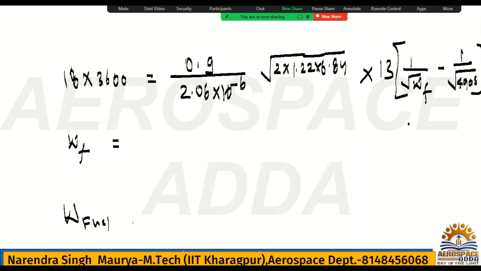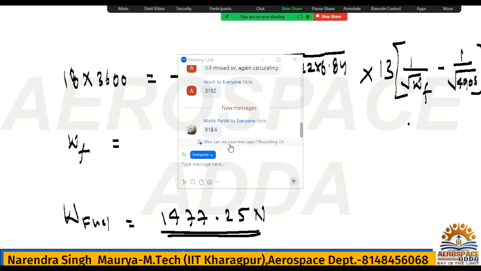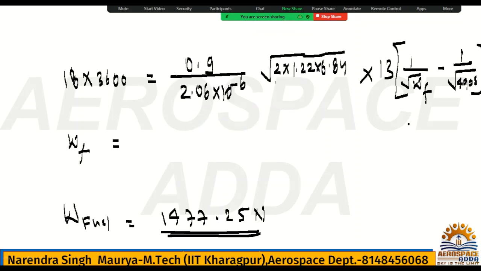In the answer key they have given approximately 1477.25 Newton. This is the fuel value. No, no, this is not correct here. Again, you calculate. It's very simple here.